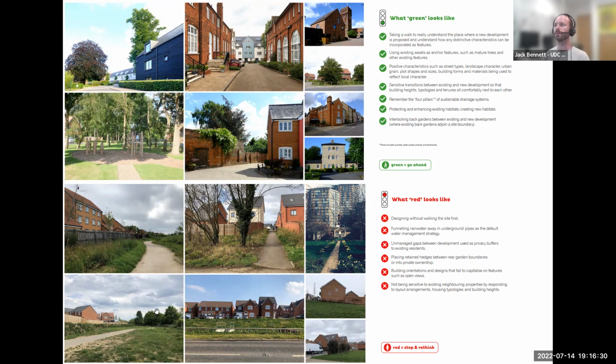These aren't from Uttlesford, but from experience, there are a number of places in Uttlesford that might suffer from these kinds of things. So I think this will be a useful place for us to start the conversation of what we think good design is, particularly in newer developments, things that are going to come forward in the future. And also what bad design is, what we might try and control.